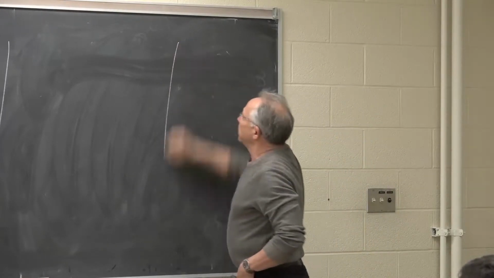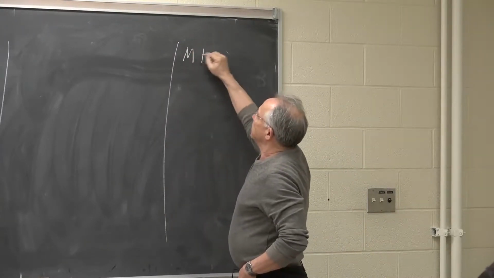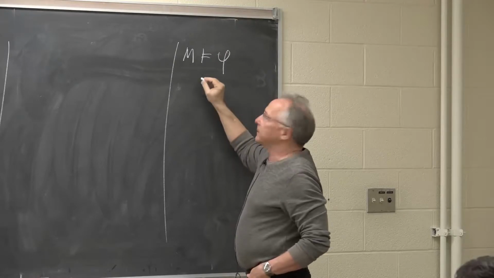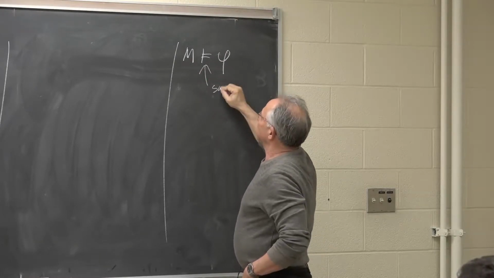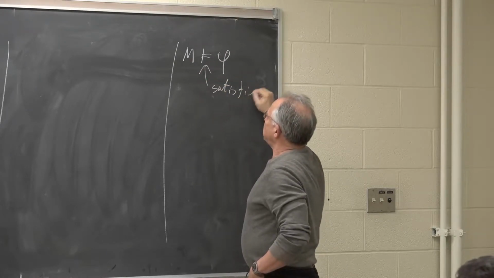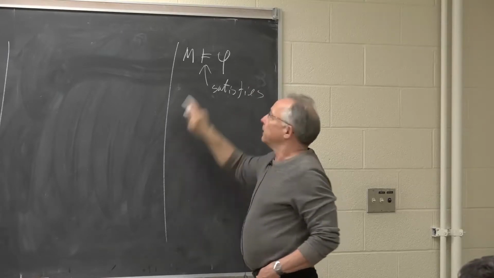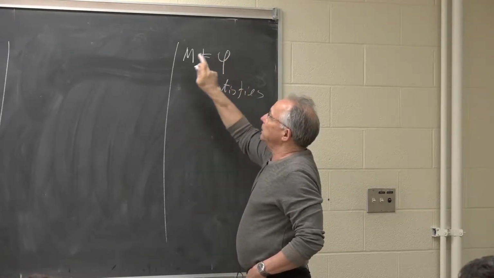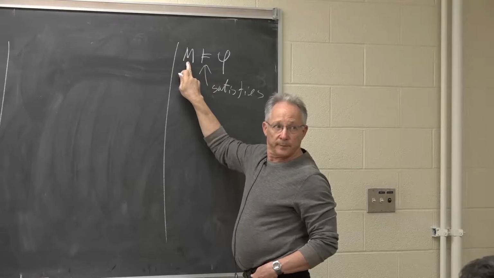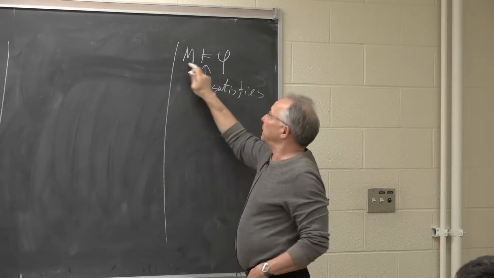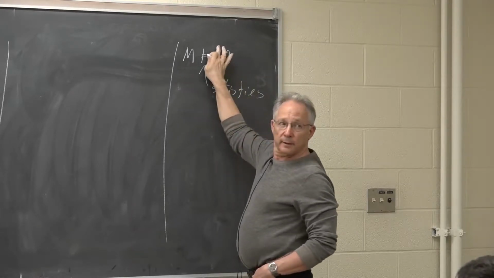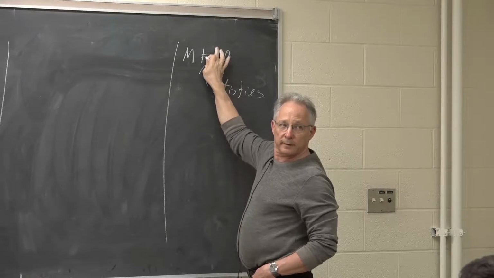So if I write M satisfies phi, this stands for satisfies, which means phi gets value true in M. And similarly, if I have here a set of formulas, every formula in the set gets true.